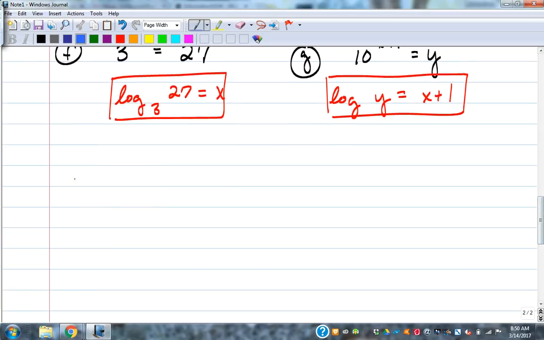Let's do 8 to the 4th is equal to 24. Whoops, I almost read the answer. Got in a hurry. Brain's working them before I write them down. Log base A. Okay, no, you were right the first time.